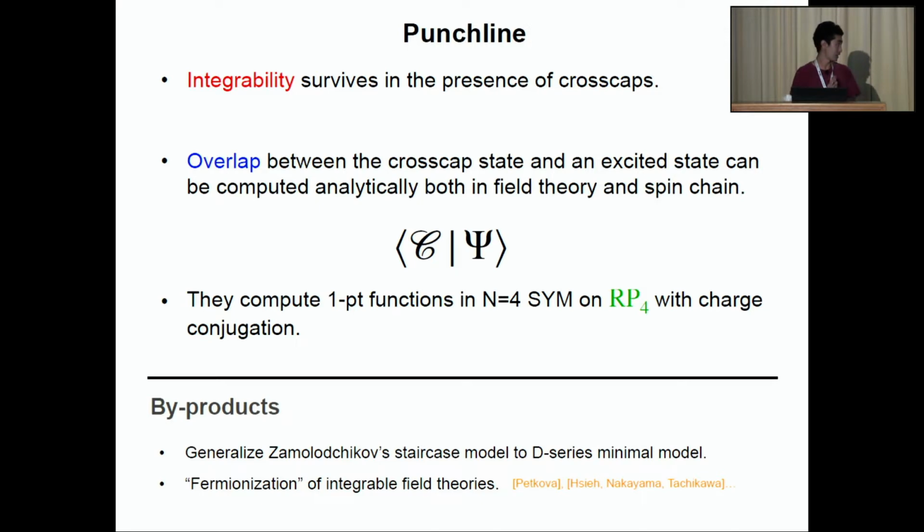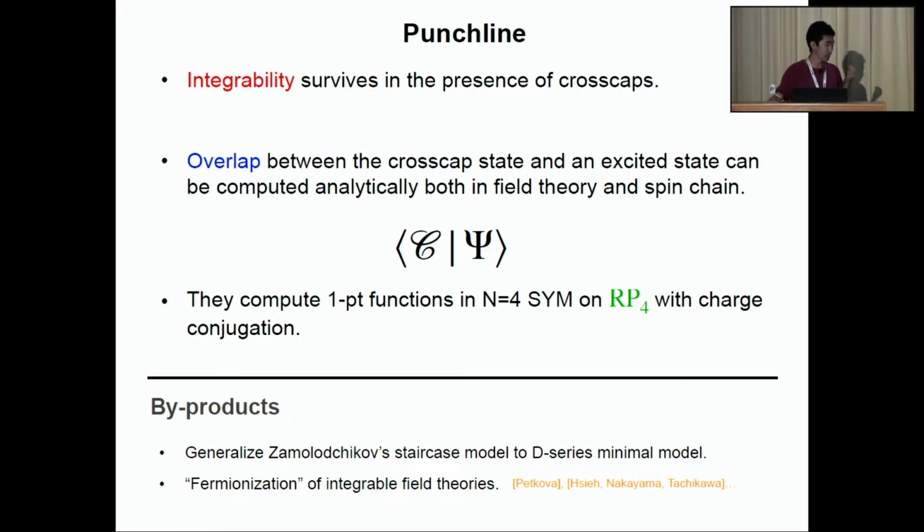So let me just say the punchline of the talk. The goal of my talk is to study crosscap states in massive integrable field theory, not in 2D CFT, as was done in the past. The punchline is that integrability survives in the presence of crosscaps. Furthermore, the overlaps between the crosscap state and an excited state in integrable massive quantum field theory and also the spin chain can be computed analytically, and you can have an analytic formula for that.